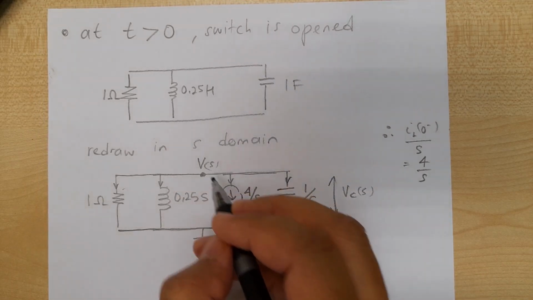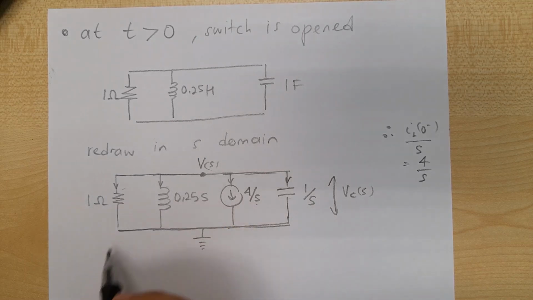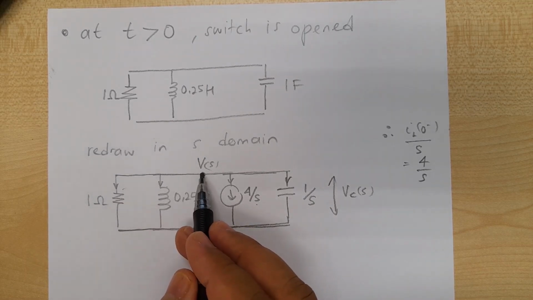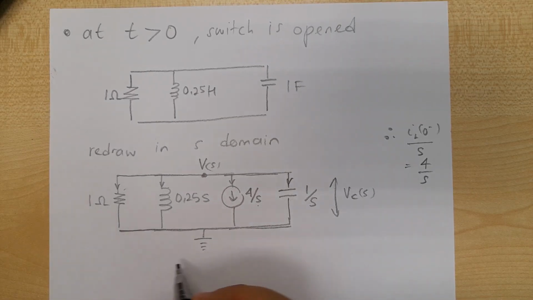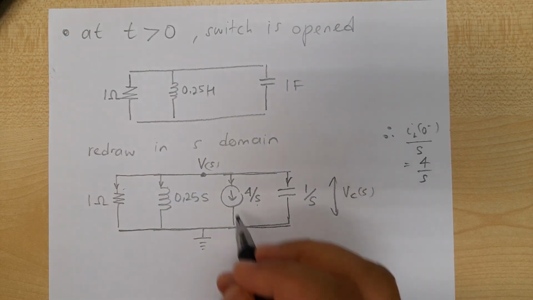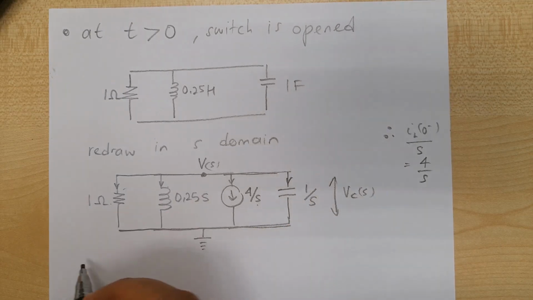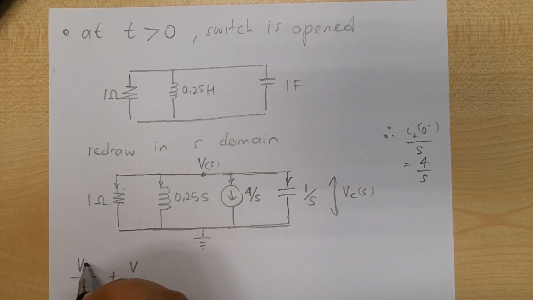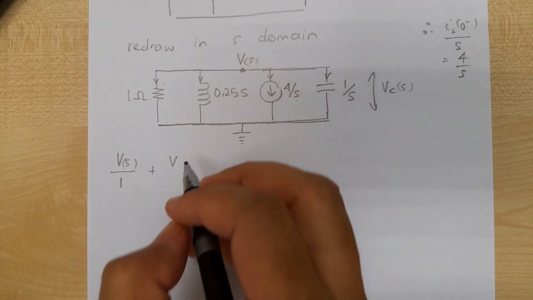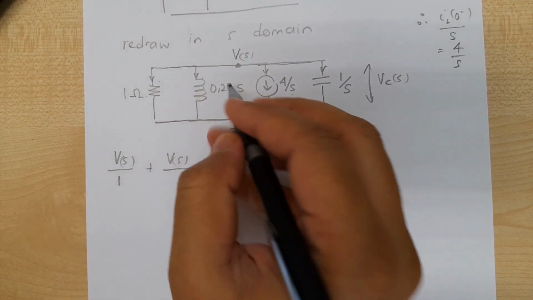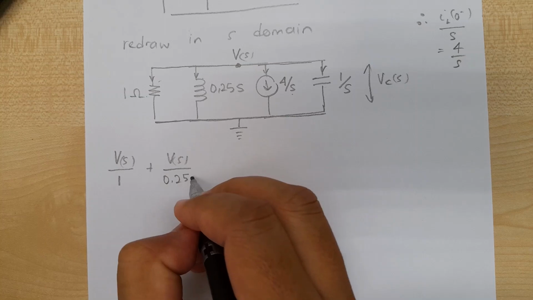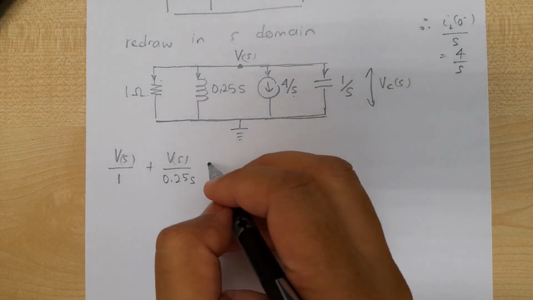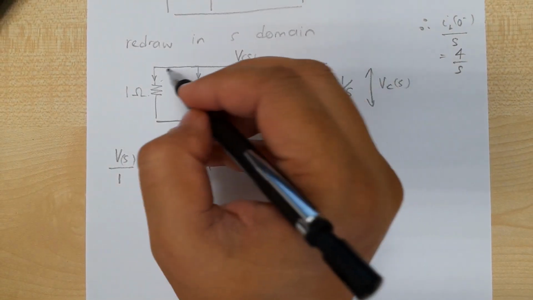That is, all the currents going out of this point equal all the currents going into this point. Here we have Vs divided by 1 plus Vs divided by 0.25 S, and then we have the current.